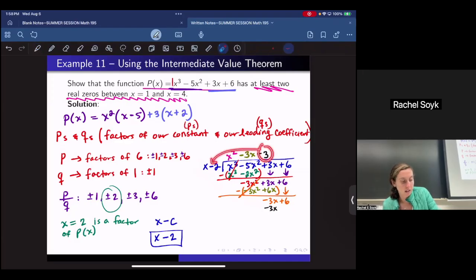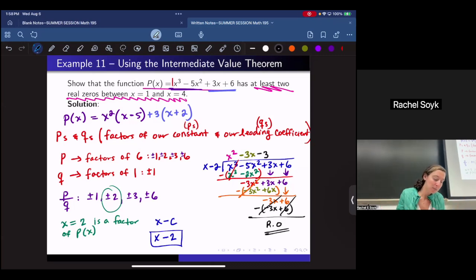Negative 3 times negative 2 gives you your plus 6. We're subtracting. Lucky for us, this cancels out, and so does this. So your remainder is 0.